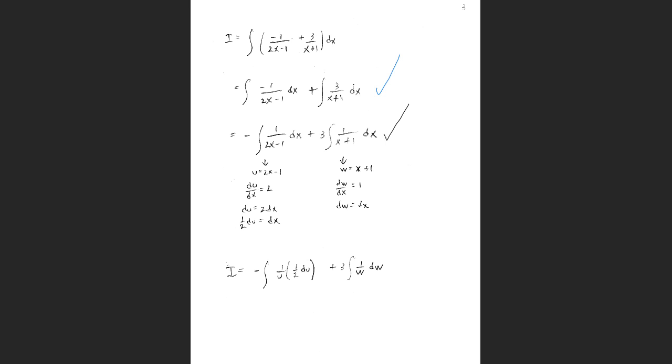I factor the 3 out of the second integral. And look here, I got two little substitution problems. And I factored a -1 on the first integral. The first integral, I'll let u equals 2x minus 1. The second integral, I'll let w equals x plus 1.